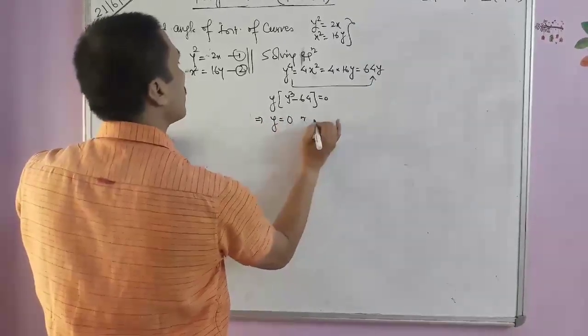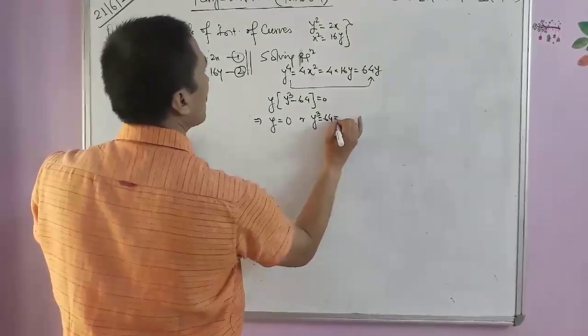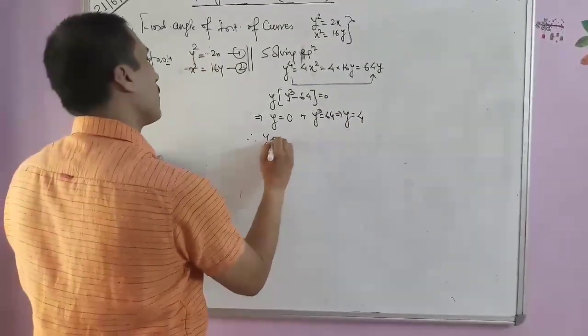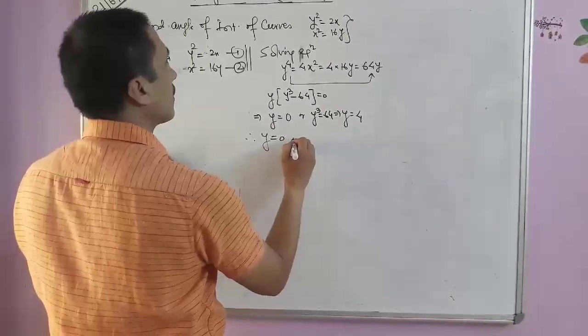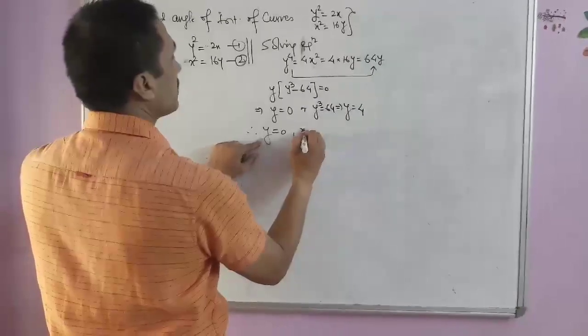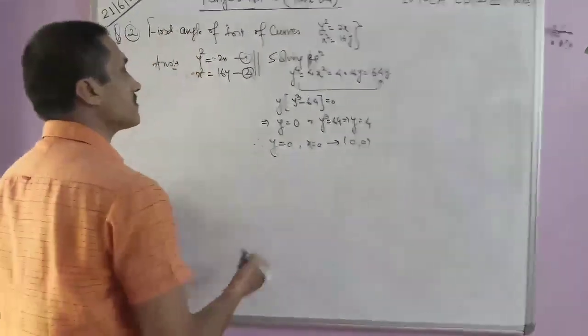So y equal to 0 and y cube equal to 64, which implies y equal to 4. Corresponding to y equal to 0 we have x equal to 0, and the point is (0, 0).